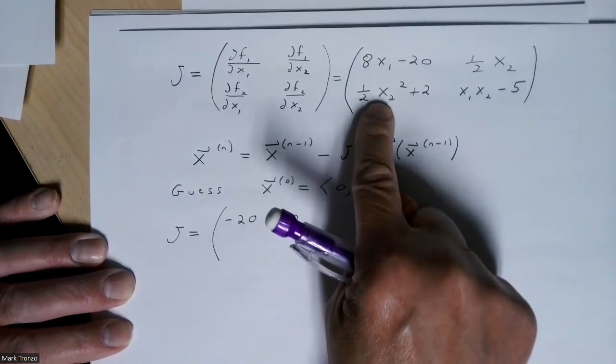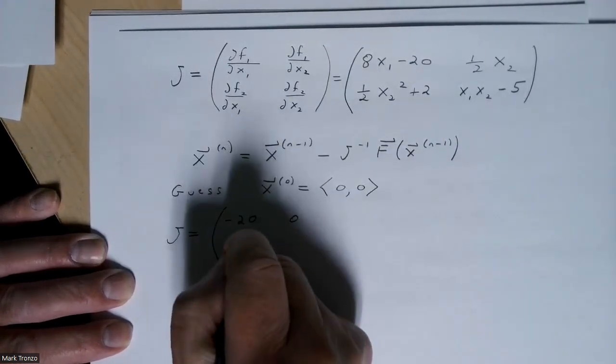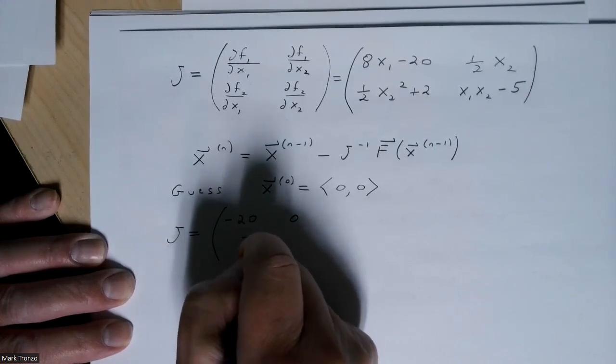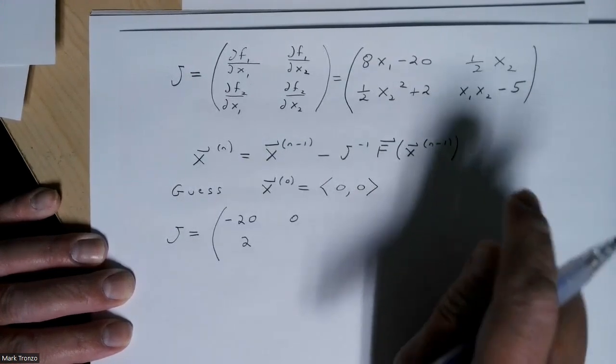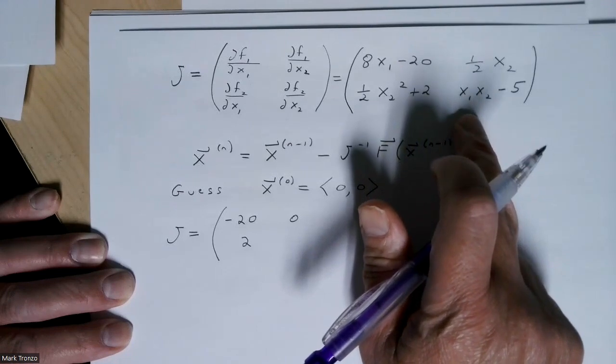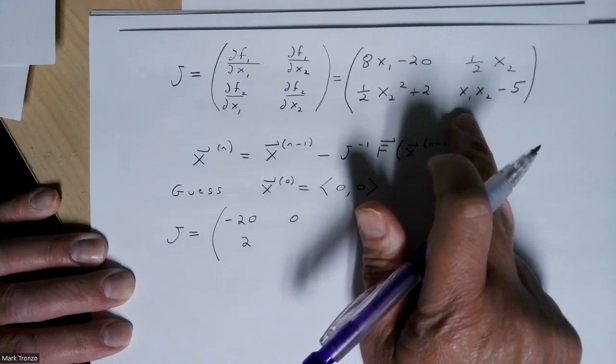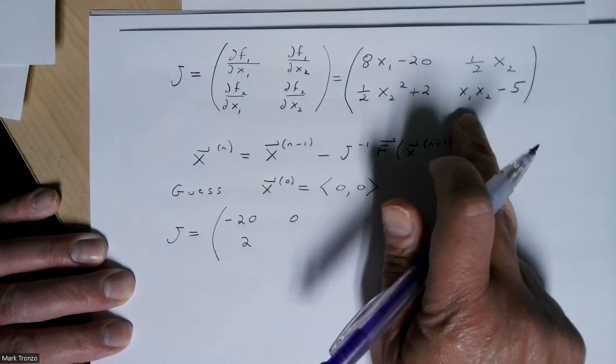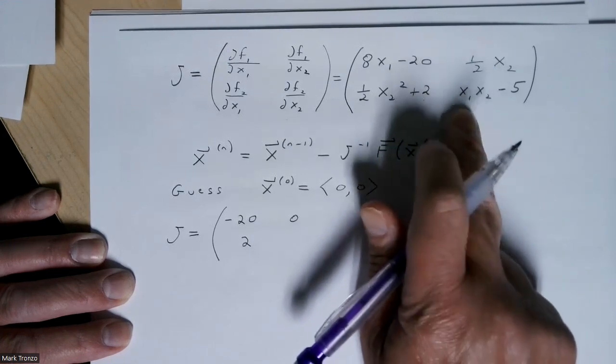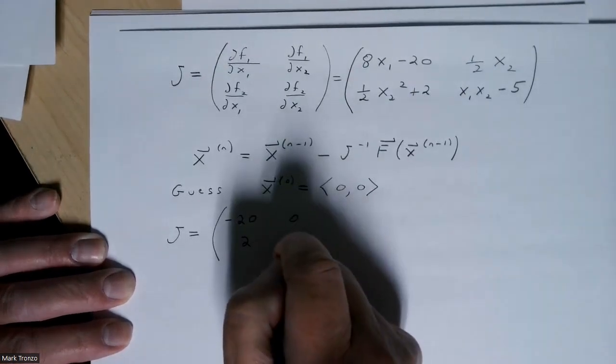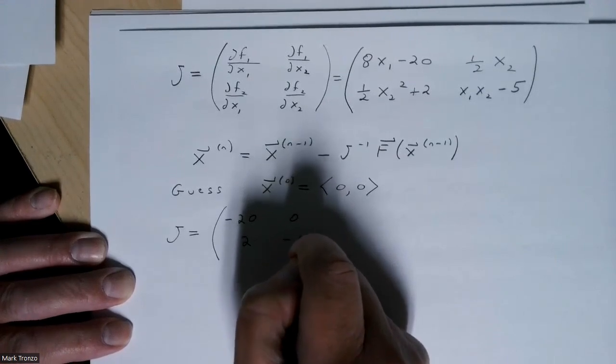And over here, put 0 here, that's going to give us 2. And over here, looks like that's going to give us 5. When we put, because those will both be 0. Oh, excuse me, -5, like this.